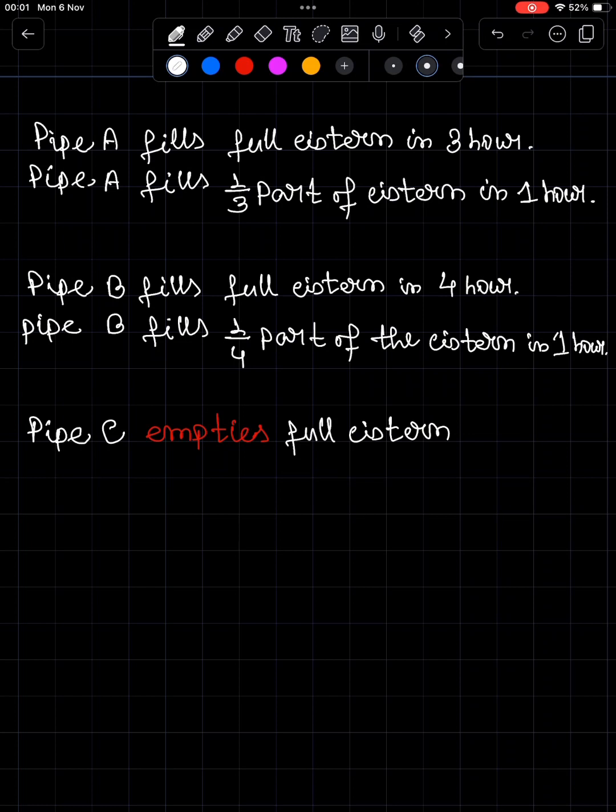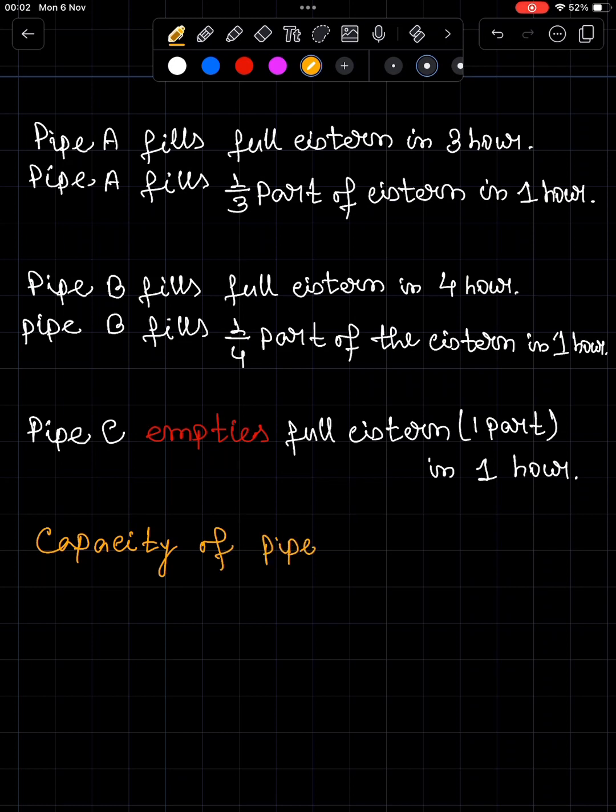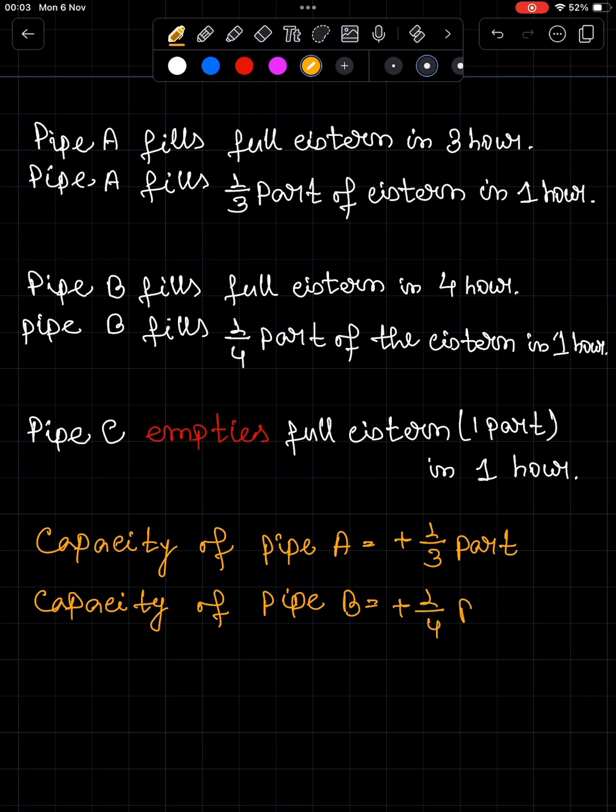Listen to it very carefully. They both are filling the cistern, but pipe C is emptying the cistern and its capacity is 1 part. Why 1 part? Because pipe C can empty the full cistern, meaning 1 part of the cistern, in 1 hour. Correct? That is why pipe C has a capacity of 1 part. So now we will write their capacities.